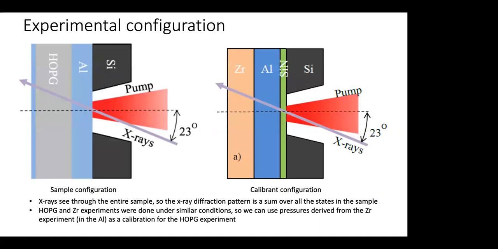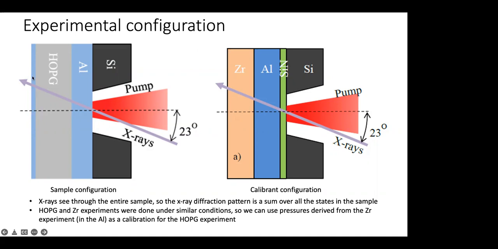Okay, so let's talk about the experiment. The experiment, as I say, is completely analogous to the zirconium experiment, but instead of using zirconium as the sample, we are using HOPG as the sample. In the HOPG experiment, it's not exactly the same. We assumed we could get reflectivity off of the back of the zirconium for our would-be velocimetry when we did the experiment.